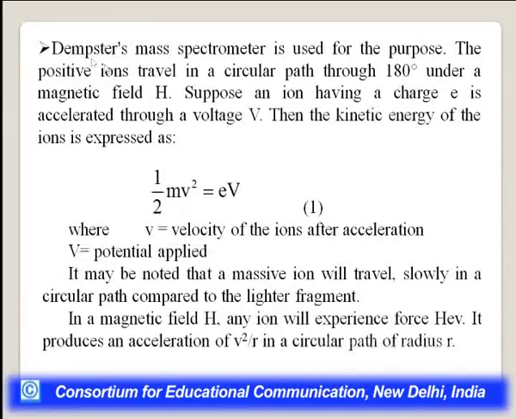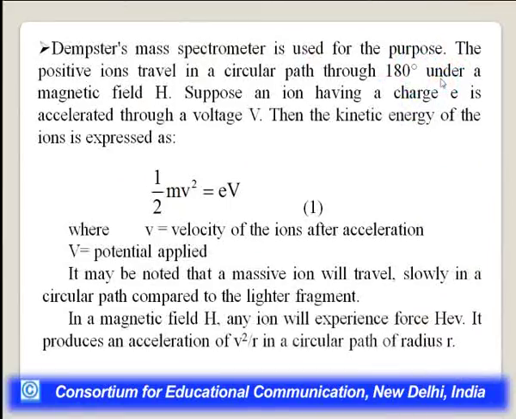Here we are talking first of all about the Dempster mass spectrometer, and this is used for this purpose. The positive ions travel in a circular path of 180 degrees under a magnetic field H. Suppose an ion having a charge e is accelerated through a voltage V, then the kinetic energy can be expressed as 1/2 mv² = eV.